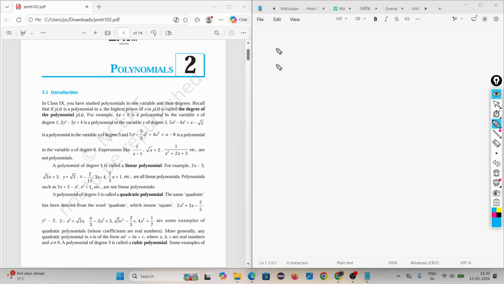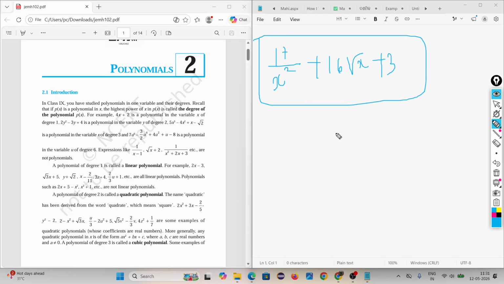Now check, is this a polynomial? 17 upon x square plus 16 root x plus 3. Is this a polynomial? Sir, it is an expression also. My question is polynomial or not?